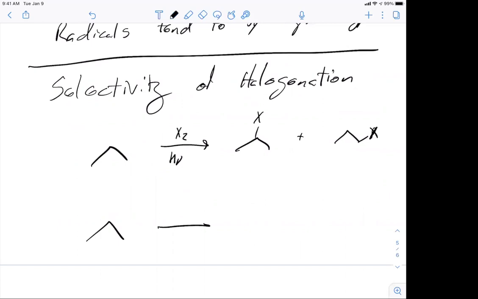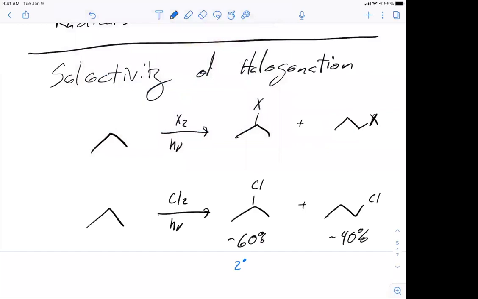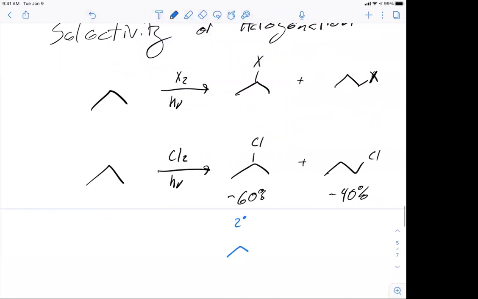Okay, so if we look at this one, and now we do it with chlorine, we see that chlorine forms about 60% of this one and about 40% of this one. Now this makes sense from a standpoint that this is a secondary chloride, so that would have come from the secondary carbocation, right?